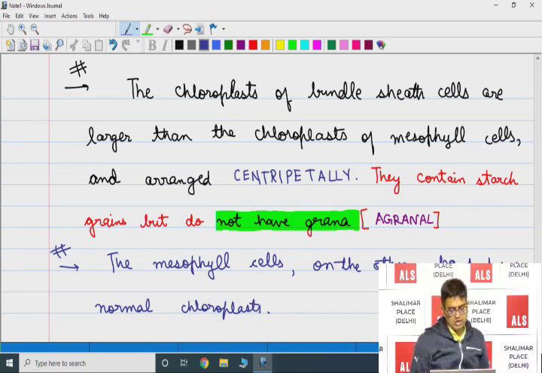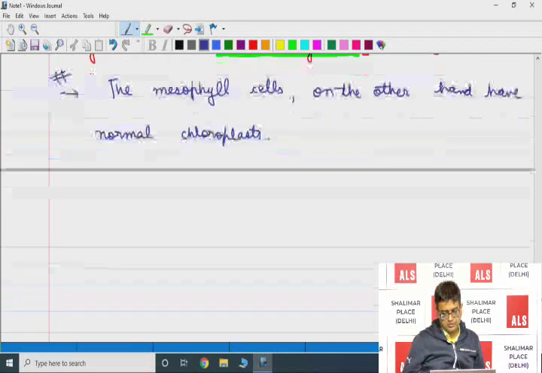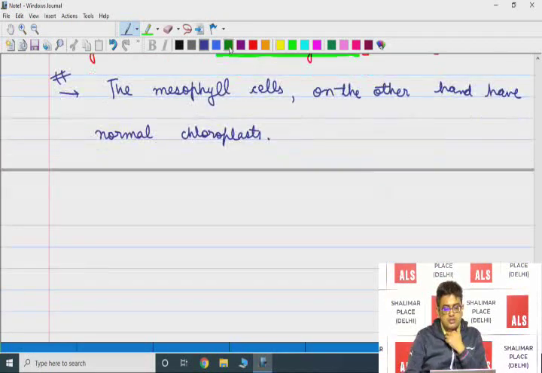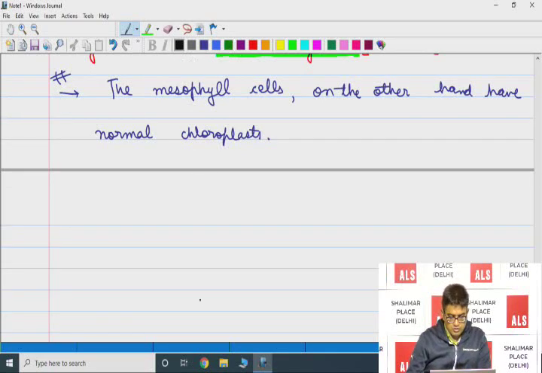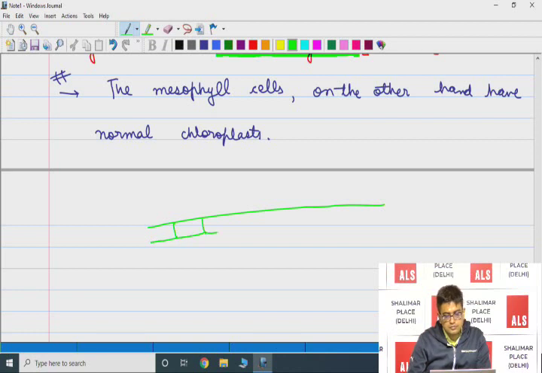Okay. So let me now draw the diagram of this structure. I hope you have written it down. So this is the epidermis, the upper epidermis.